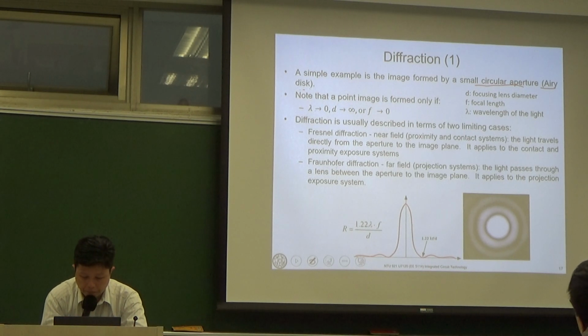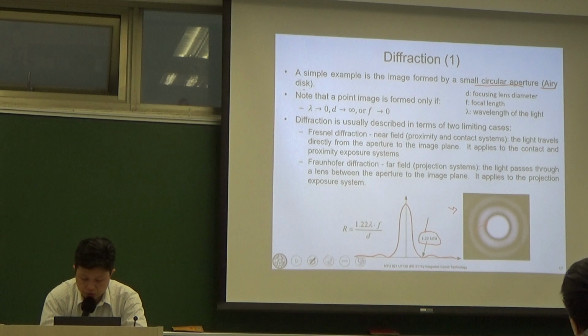So we will form this kind of diffraction pattern, but in the center the intensity is highest, and then they have some dark lines, and the first dark line correlates to this distance.